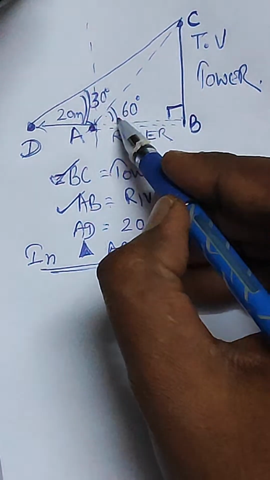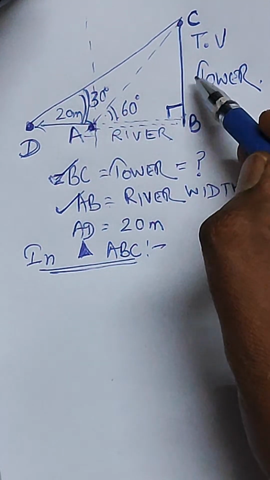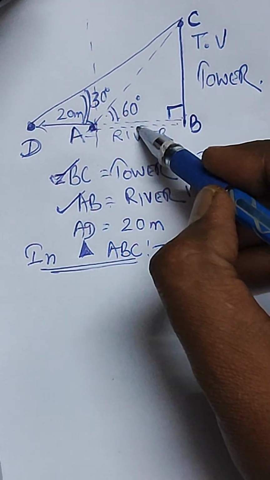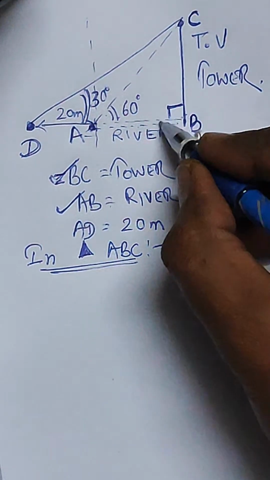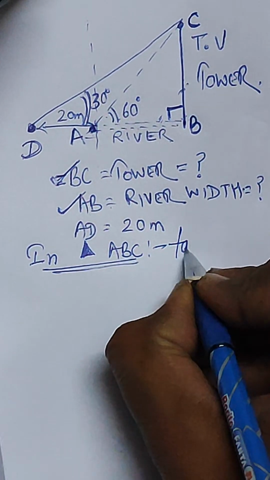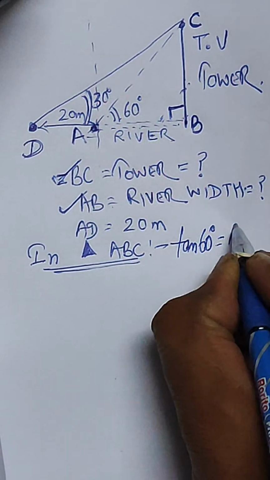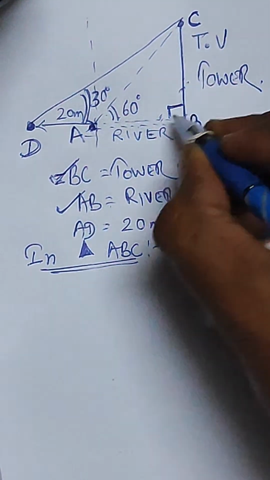Tan of 60 degree will be equal to BC by AB. Why have we taken tan? Because we do not know BC, we do not know AB, right? So both of the variables will be captured over here, right? So we can write tan of 60 degree is nothing but BC by AB.